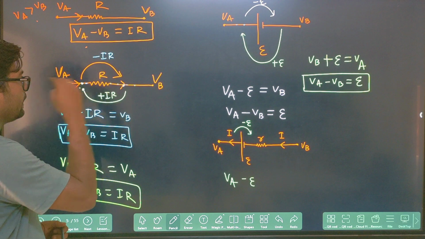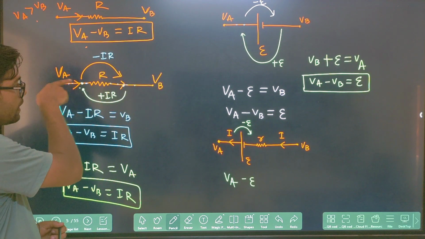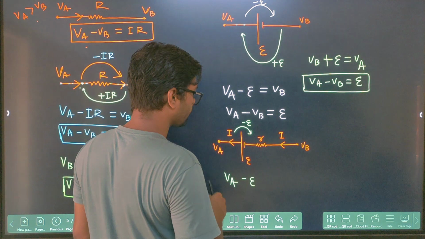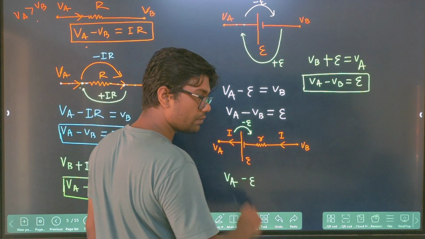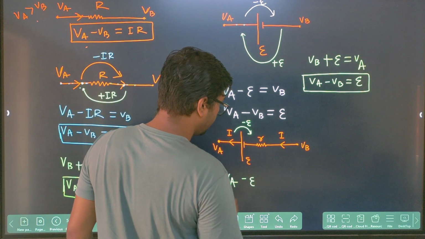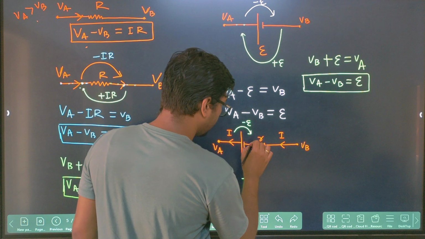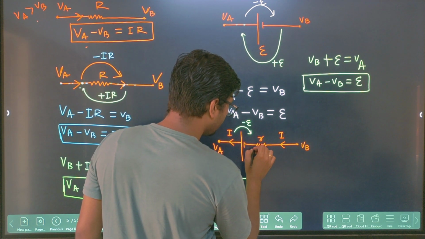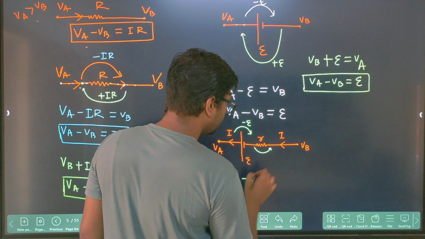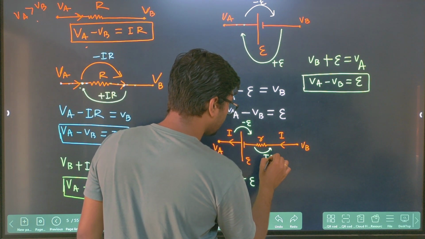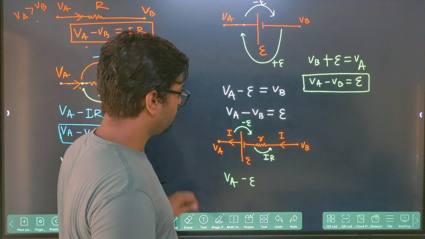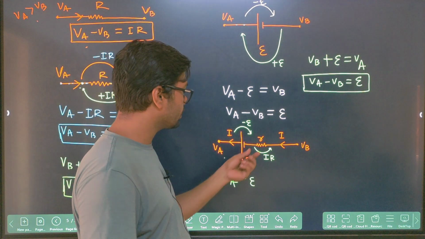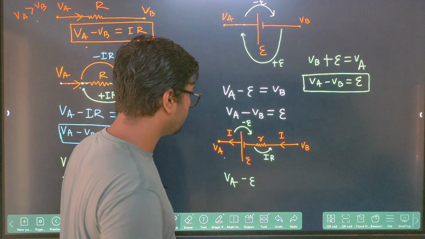So you are coming from this side and the current is flowing along this direction. So VA minus E you can write here. If you come from here to here, there will be a potential increase, that is IR, because if you are moving in the opposite direction of the current through the resistance, it will be an increase in potential.